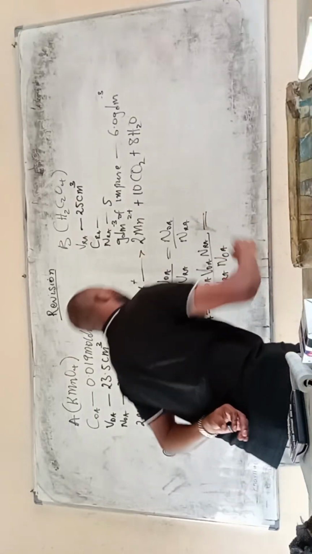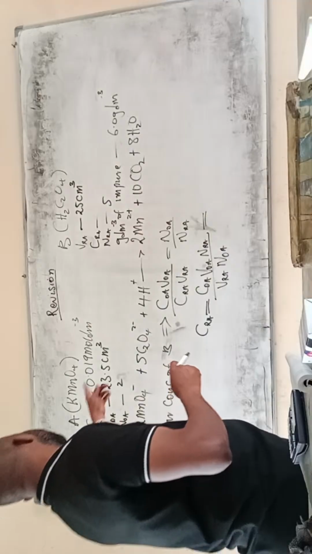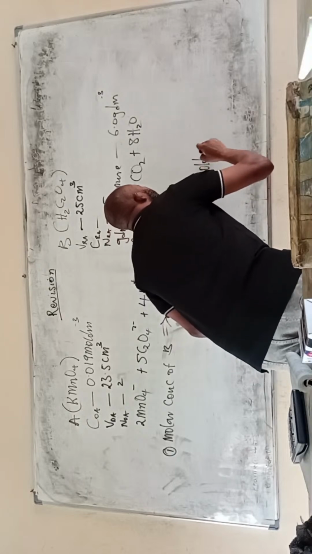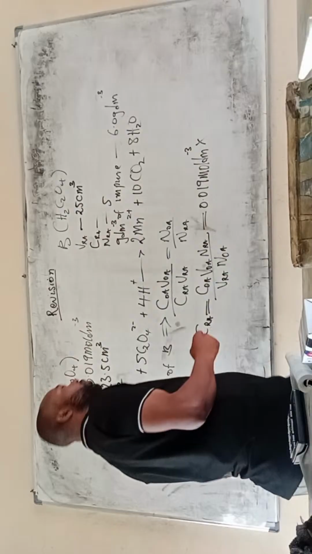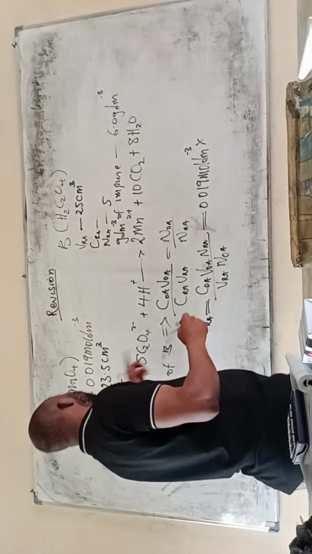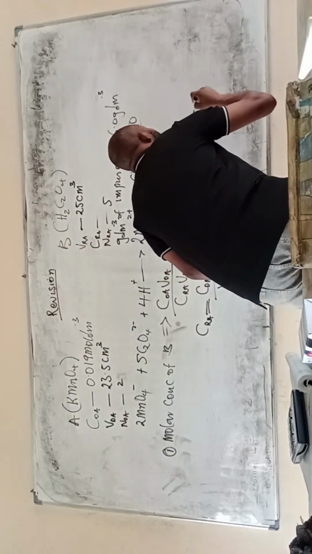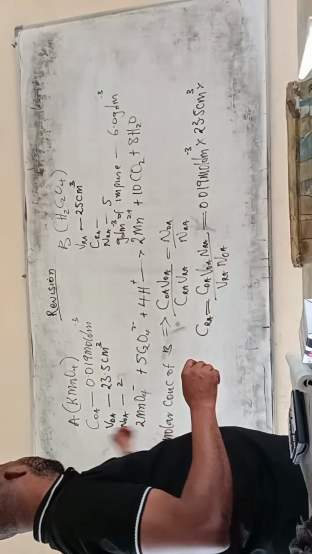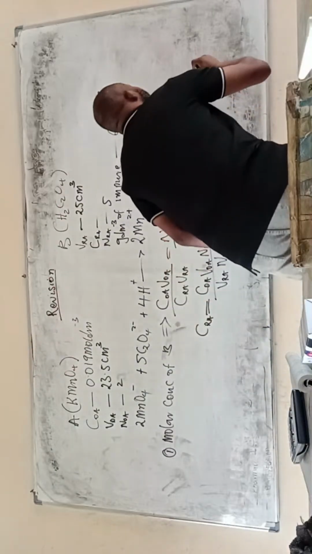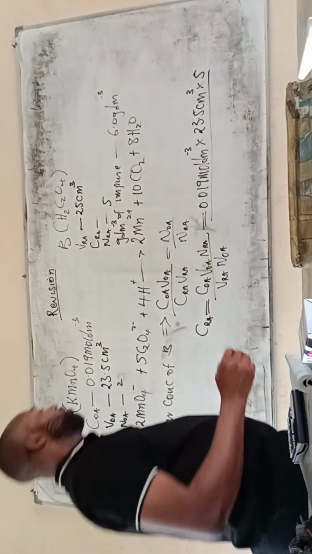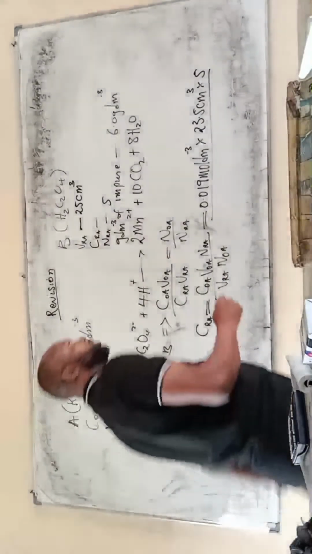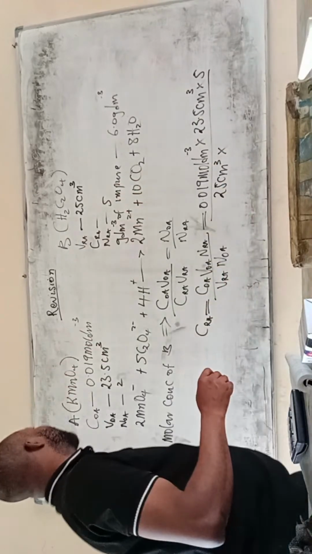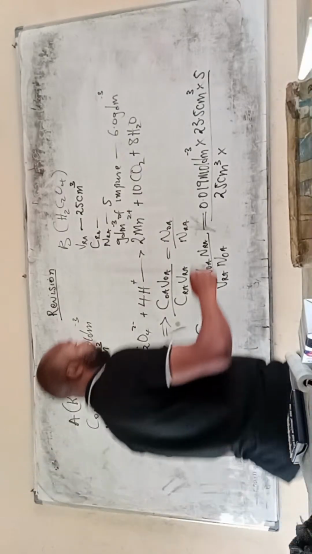This equals: concentration of oxidizing agent is 0.019 mole per dm³, volume of oxidizing agent is 23.5, number of moles of reducing agent is 5, all over volume of reducing agent, which is 25, times number of moles of oxidizing agent, which is 2.